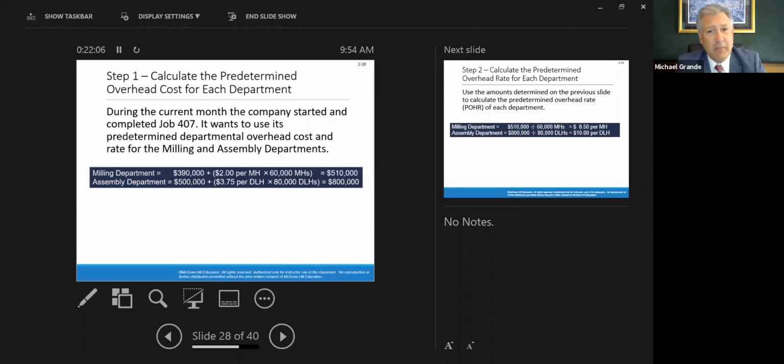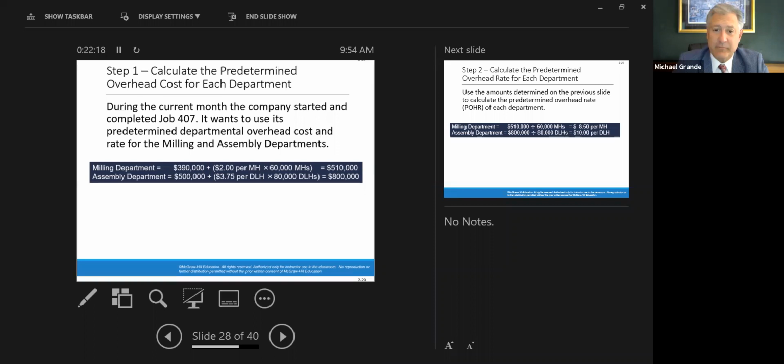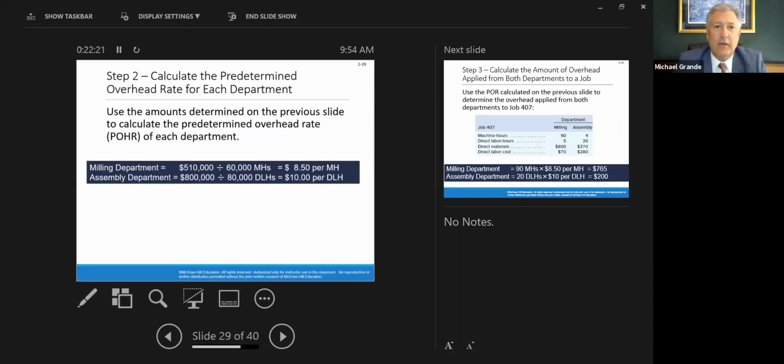The assembly department, the fixed cost is $500,000 plus the variable cost, which is $3.75 per direct labor hour multiplied times 80,000 direct labor hours for $800,000. So now we're going to come up with a rate, right? The rate is total estimated cost divided by the activity base. For milling, $8.50 per machine hour. Assembly, $10 per direct labor hour.